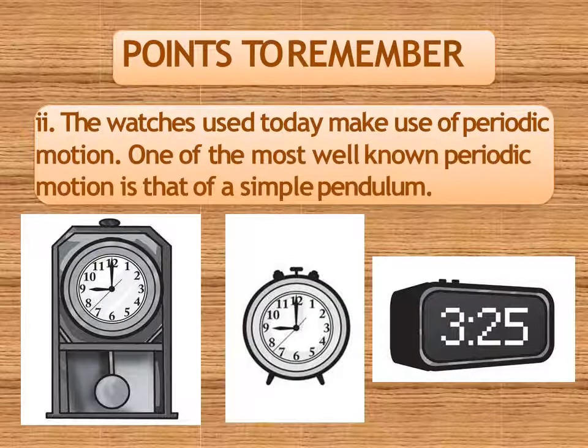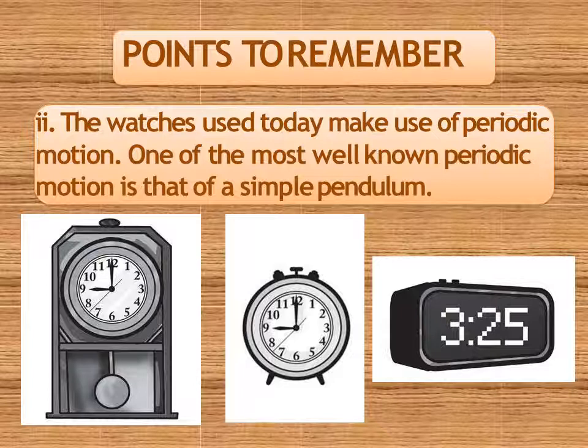Now let's move towards how we measure time today, that means in the modern period. We have watches and clocks to measure time. We have digital clocks and watches also. The watches used today make use of periodic motion, because they move in a certain period, that means 12 hours.